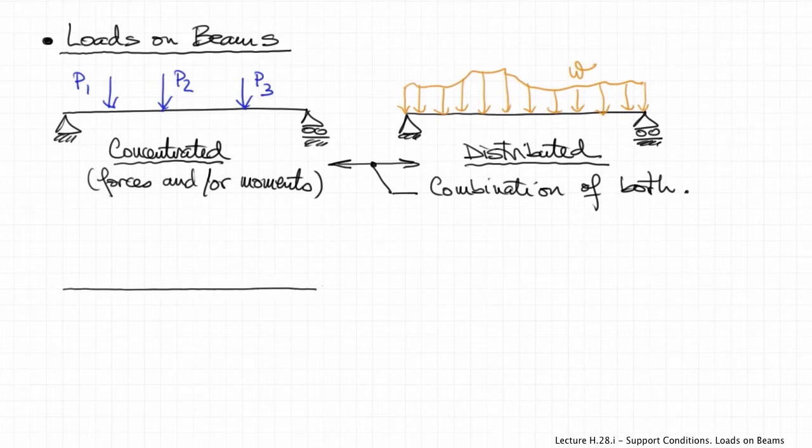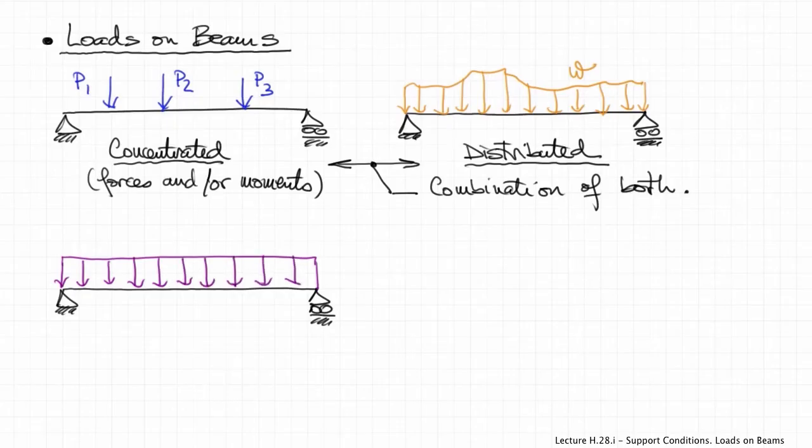How do we deal with these kinds of distributed forces? Well, we've discussed briefly before when we talked about pressure blocks and stress blocks. So let's recap just briefly. This is what we call a uniformly distributed load, having a load intensity of w. Abbreviated, we call it a UDL, uniformly distributed load.